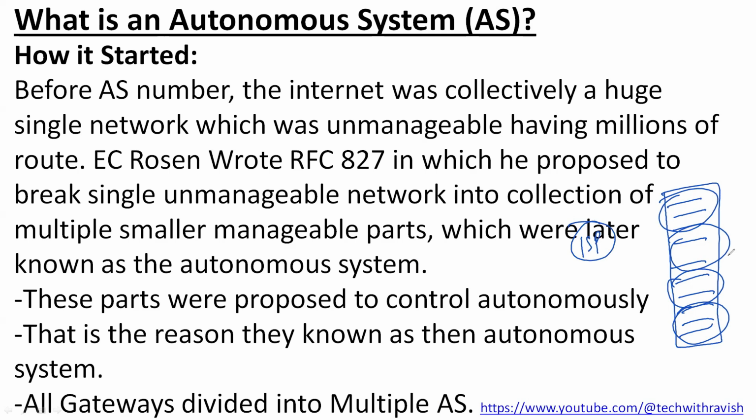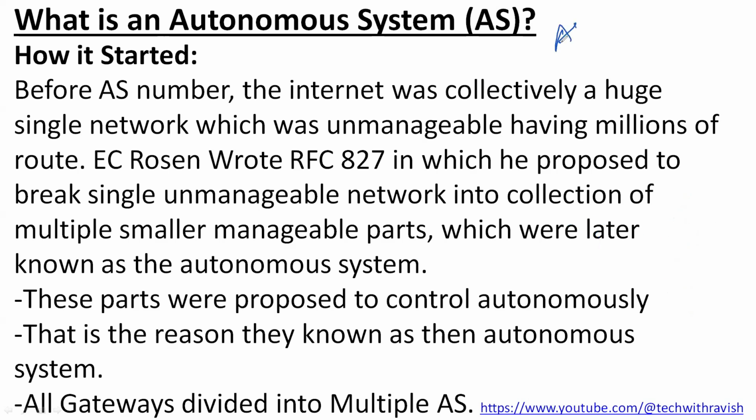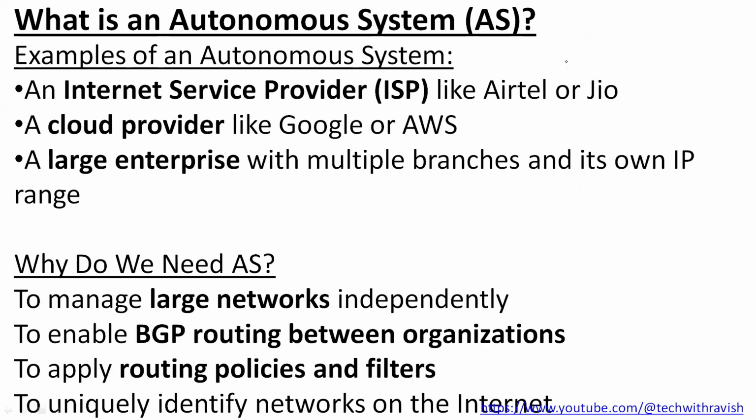So it may be possible that an AS number can be allotted to an ISP, or to an organization having a big number of routers or networks under control at the same time. Here are some examples of autonomous systems. An ISP, internet service provider, like Airtel or Jio, itself has an autonomous system number.